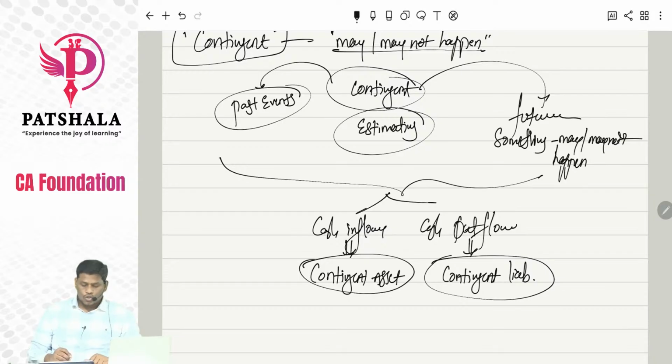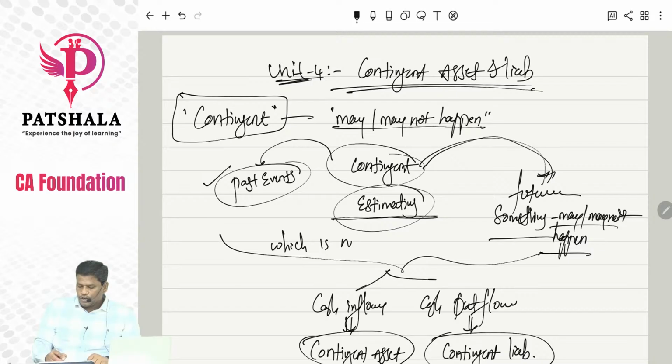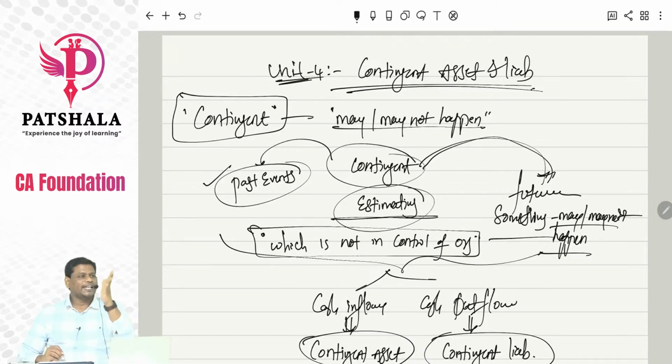So there are some past events. Because of past events, today we are estimating that in future something may or may not happen. And another twist is that it is not in control of the organization. Nothing is in our hands.